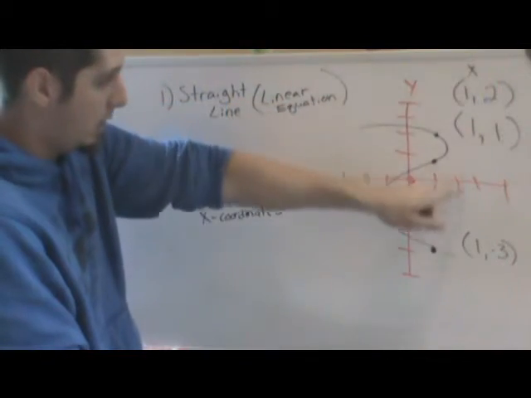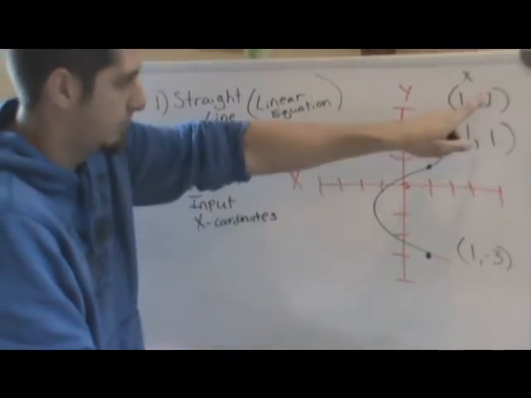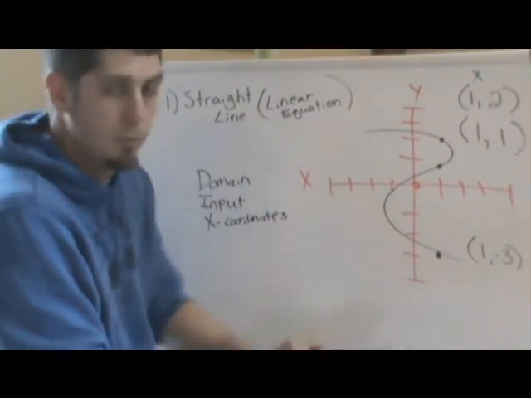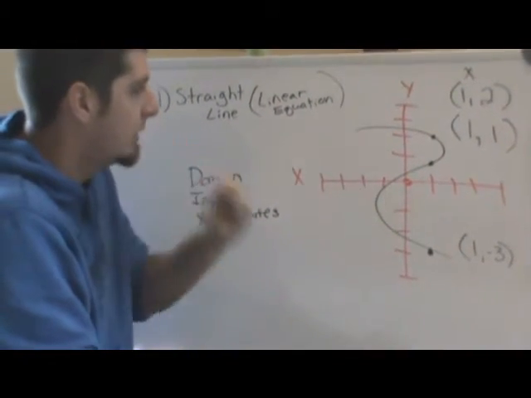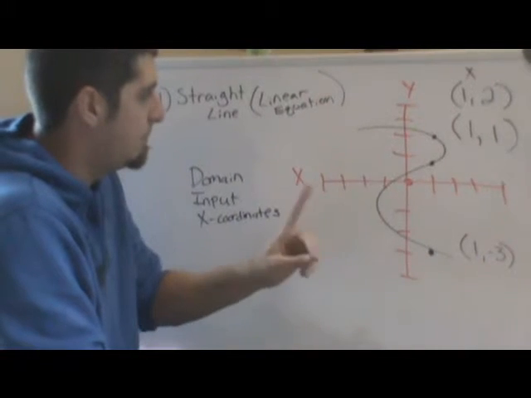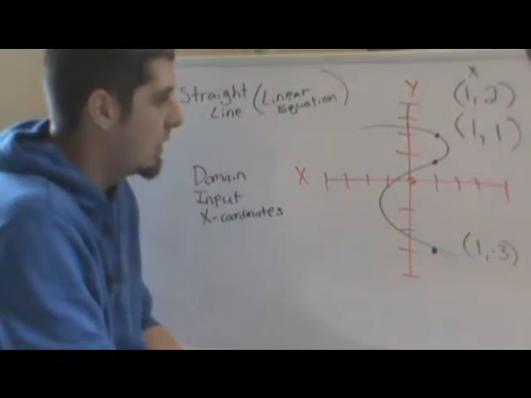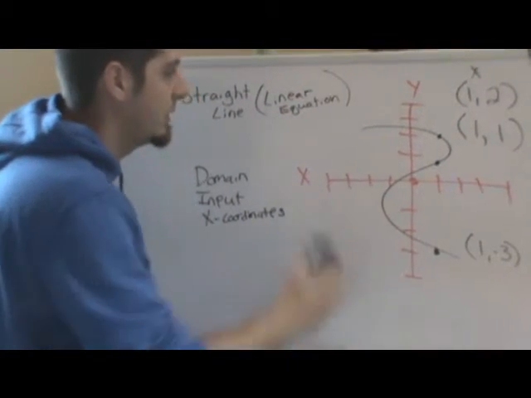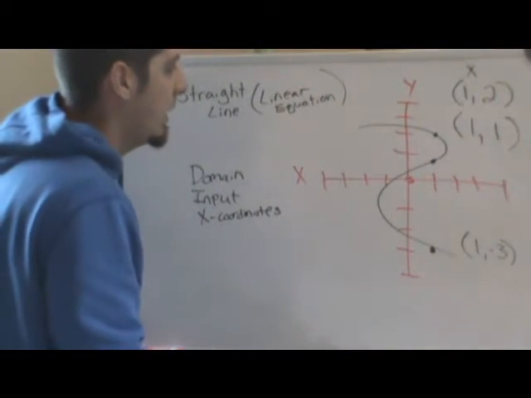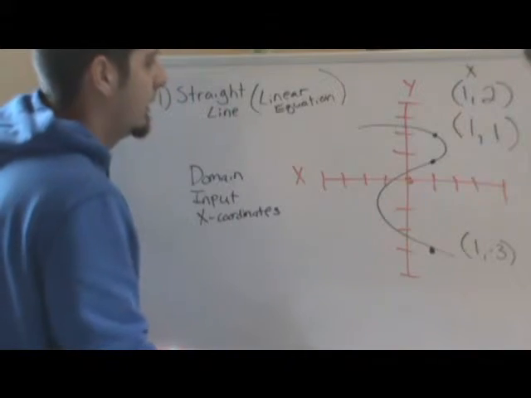So I've got 1 appearing 3 times in my domain with 3 different answers. So that's how you know that this is not a function, because it did not pass what's called the vertical line test. That's a very easy way to always identify if the graph represents a function.